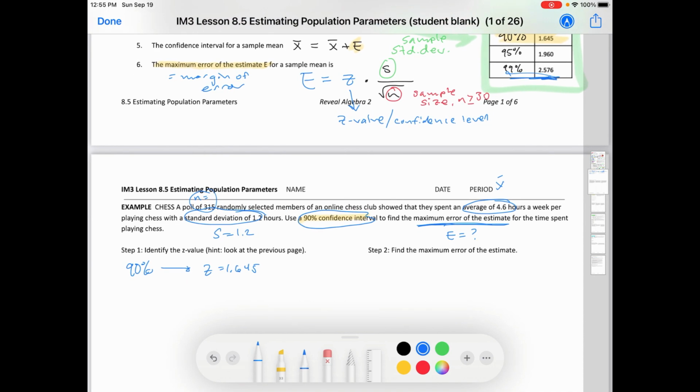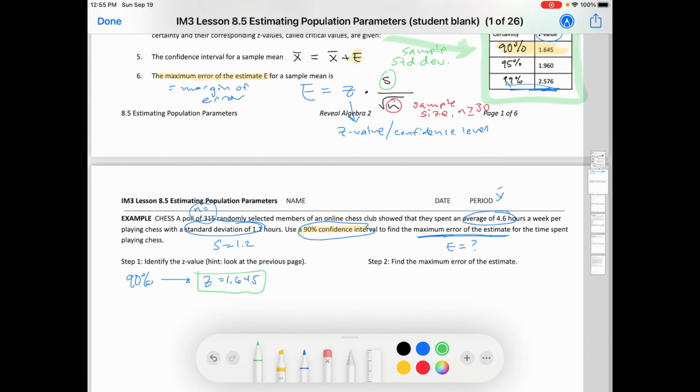Okay, so let's go ahead and box that. And then let's get our formula from the previous one. Find the maximum error of estimate. Well, that's just E, and you might just want to use the previous formula. Well, you can do my favorite, magic. Look at that. Just have to do a little bit of erasing there.